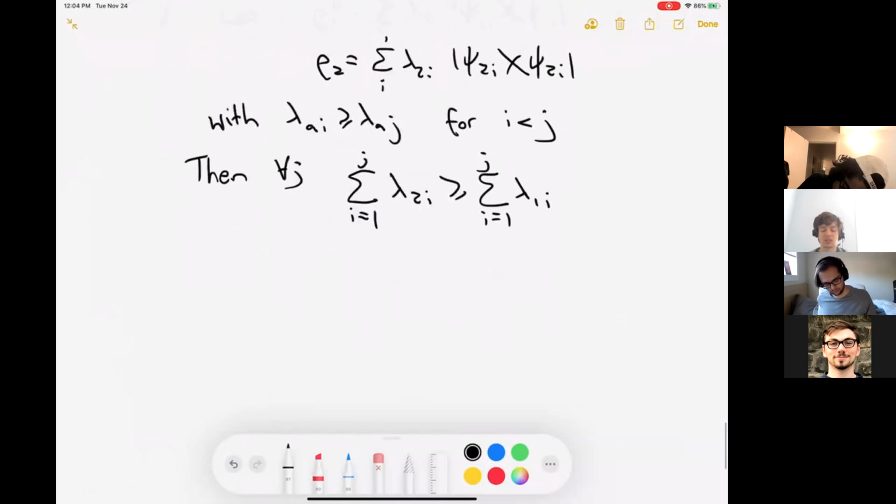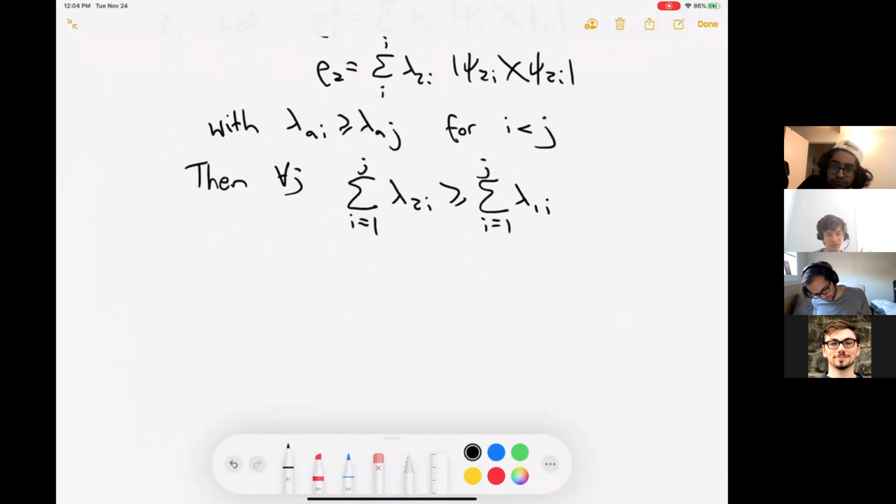Okay, so this means that we need to have the largest eigenvalue of row 2 be larger than the largest eigenvalue of row 1. We also need to have the sum of the two largest eigenvalues of row 2 be larger than the sum of the two largest eigenvalues of row 1, and so on all the way through, up to the sum of all but the last eigenvalue of row 2 being larger than the sum of all but the smallest eigenvalue of row 1.